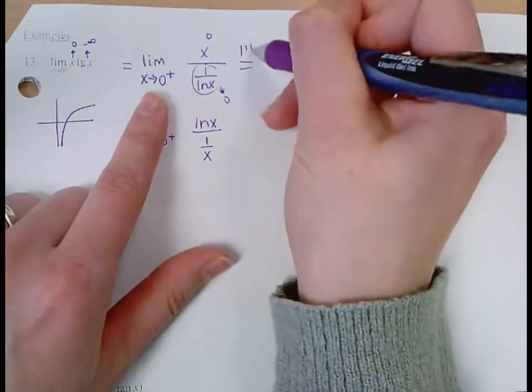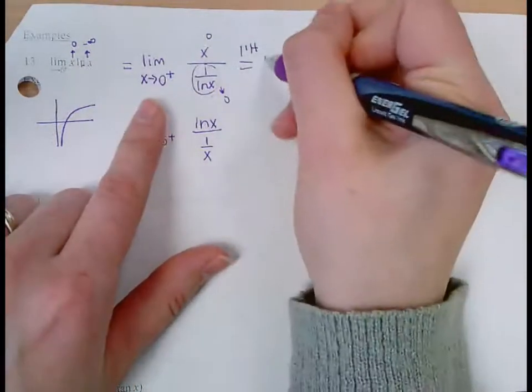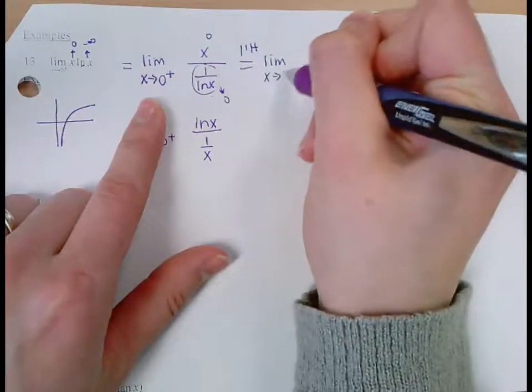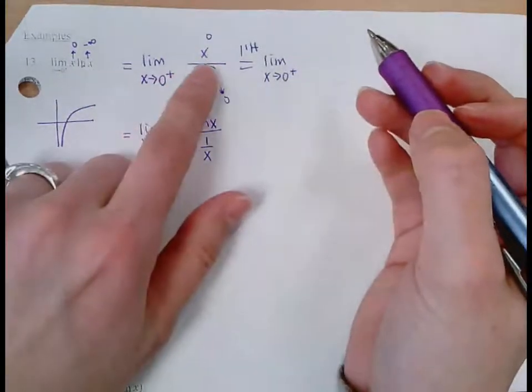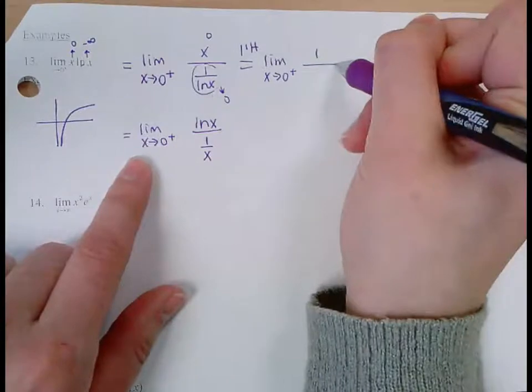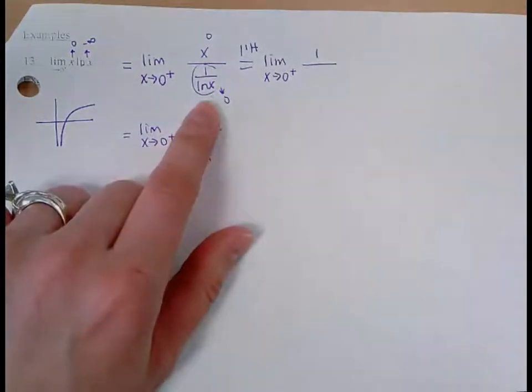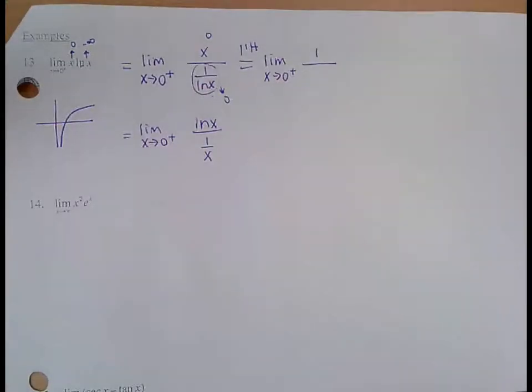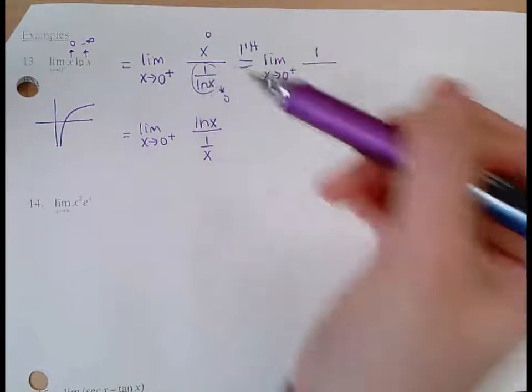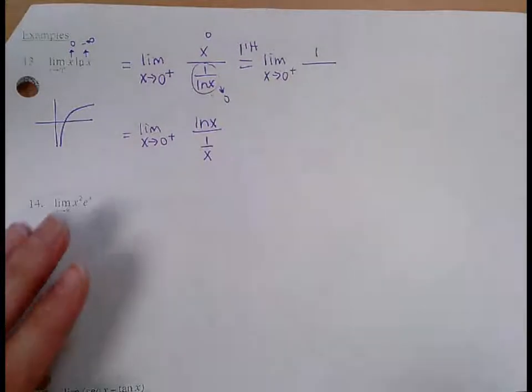So you could use L'Hopital's rule. If we apply it here, I'd still have the limit as x approaches 0 from the right of the derivative of x on top, which is 1, over, now to take the derivative of 1 over the natural log of x. Nope, because you can't just take, if this would be a quotient, then you'd need quotient rule if you left it.